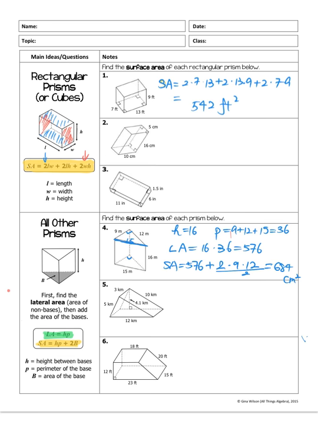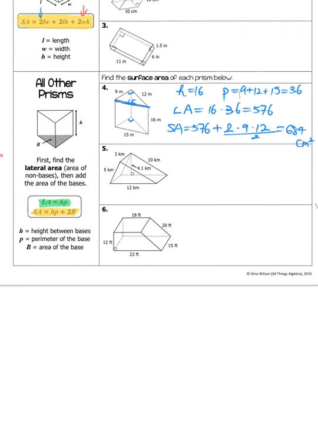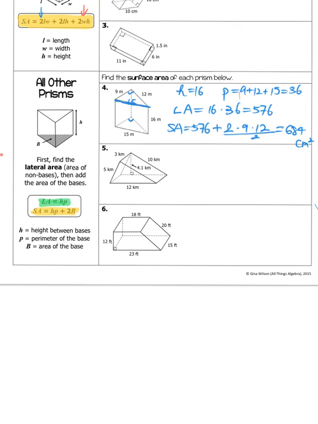Okay, let's try number 6. I have height at 12. I'm going to move this up a little so that I can have more room. So I have height at 12. Oh, I'm sorry, big mistake there.